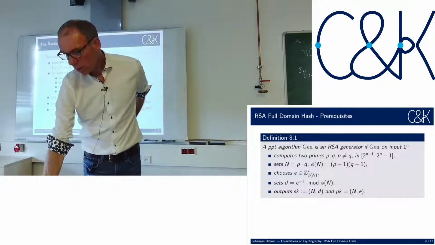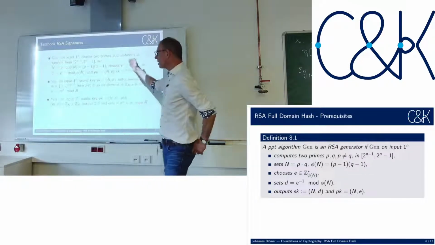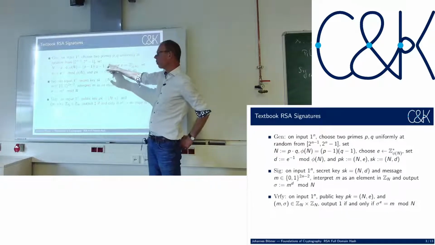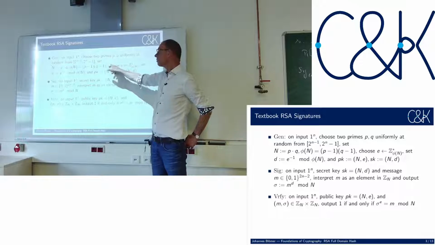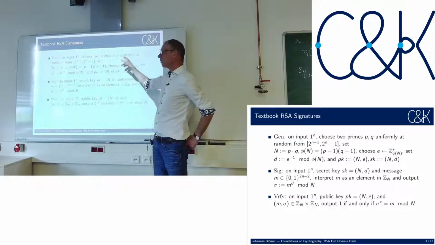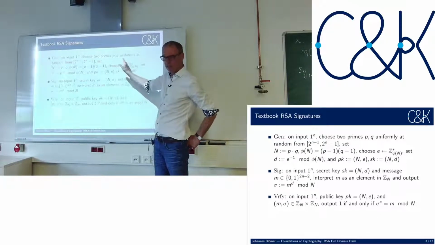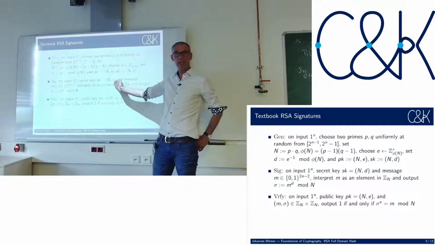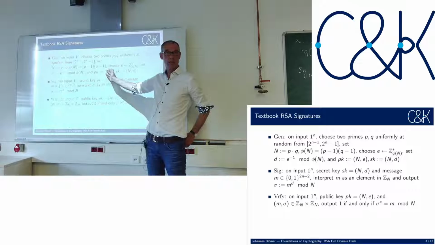In particular, here I did not specify how you pick these primes. Here, uniformly at random is specified a little bit. This is one way to pick these things, but there may be many other ways to pick them.